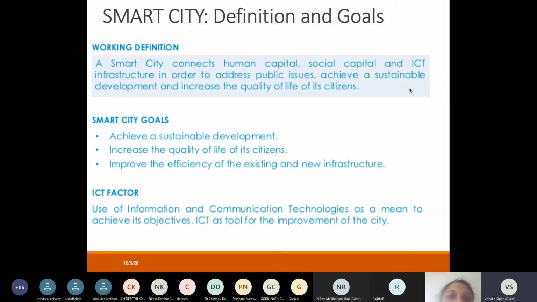So, having said this, having discussed the bits and pieces of wireless sensor networks, let us quickly move to what an IoT network is, and then we can move to the smart city concept. When I say IoT network, as the name indicates, it is the Internet of Things.